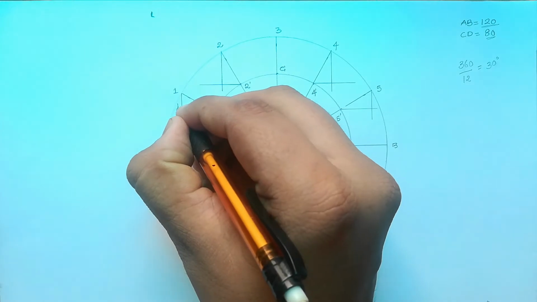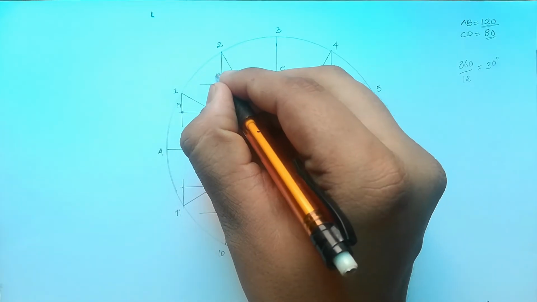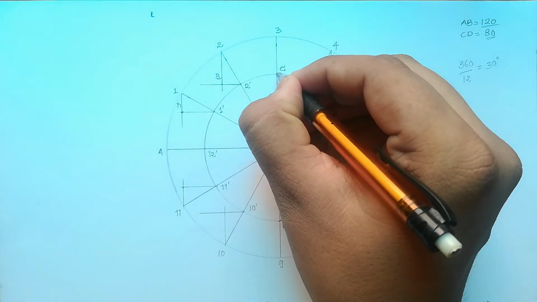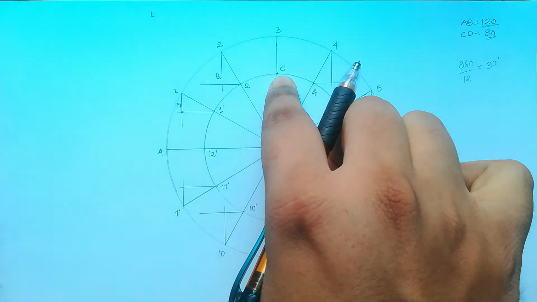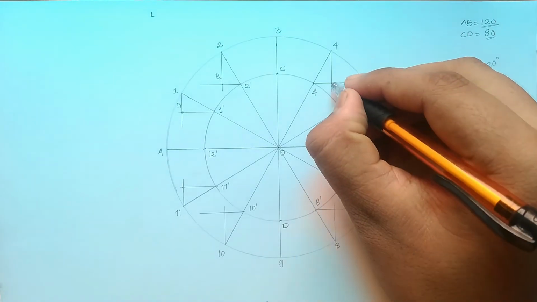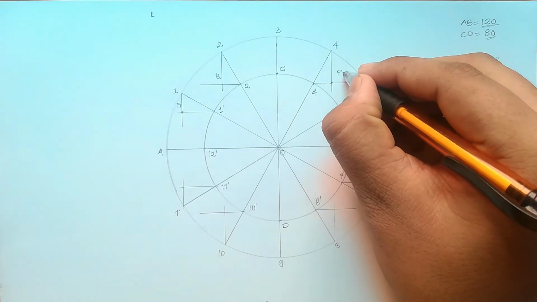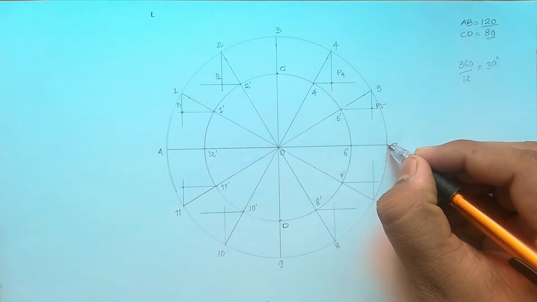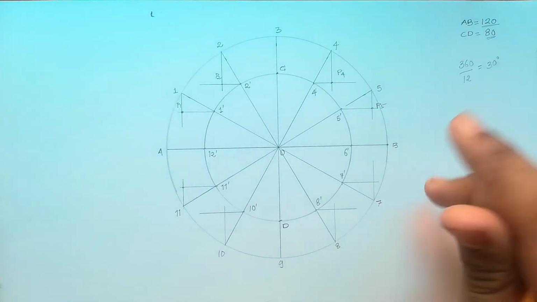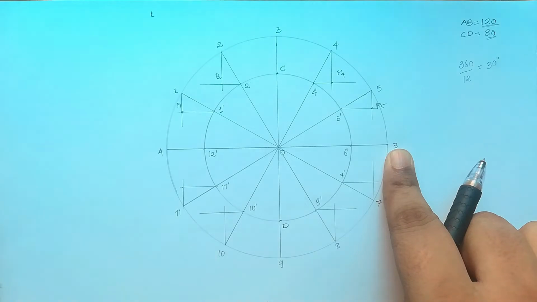This is my first point, point number 1. Second point, point number 2. The third point is the minor axis upper point C itself. The fourth point is available over here. This is my P4. This is P5. The sixth point is the point B of the major axis.